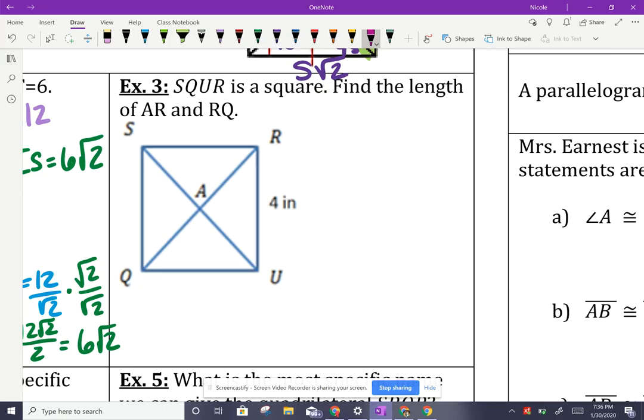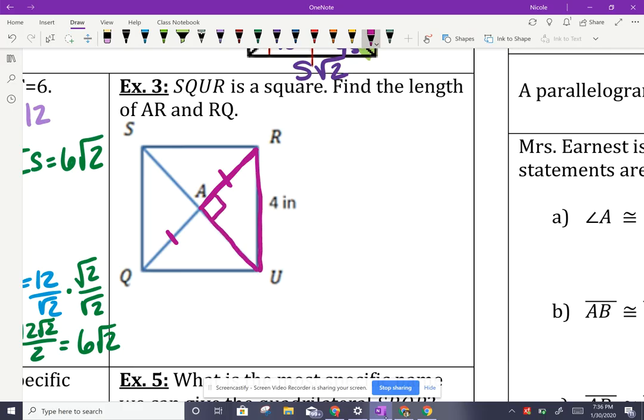Now we have SQUR square, which is a square. And they're asking us to find the length of AR and RQ. So AR is just this length right here. And then RQ is the full length, which we know these are congruent. So I have a triangle here.